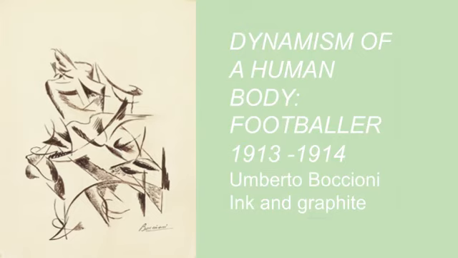So Umberto Boccioni was observing these footballers playing soccer, and instead of drawing them just like a human being, maybe running or kicking and jumping, he only recorded the lines where their body parts were.